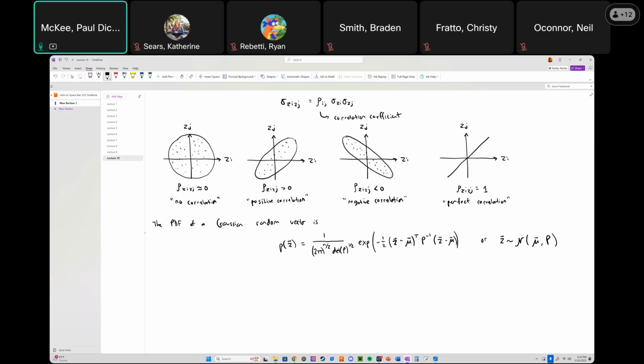All right. Now, the exponent, the thing that goes into the exponential function, we're going to call this phi of z. Phi of z is z minus mu transpose P inverse z minus mu, and it is called the negative log likelihood function.